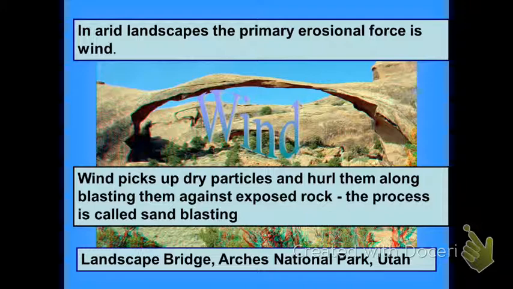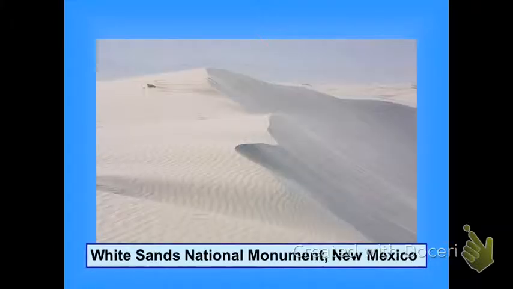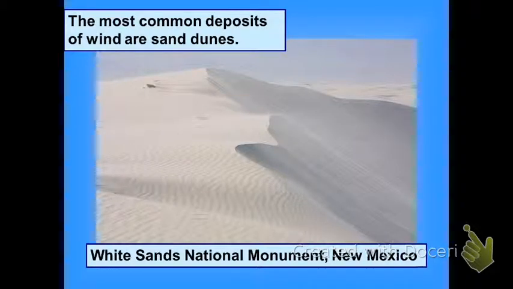So when the wind picks up small particles, carries them, they hit another particle. When it hits that second one, it's going to actually break it down. That is called sandblasting. The way that these things are deposited, they're usually deposited into one big area.